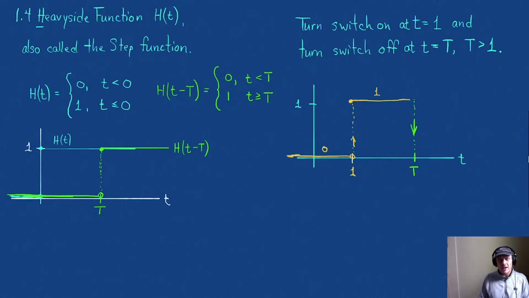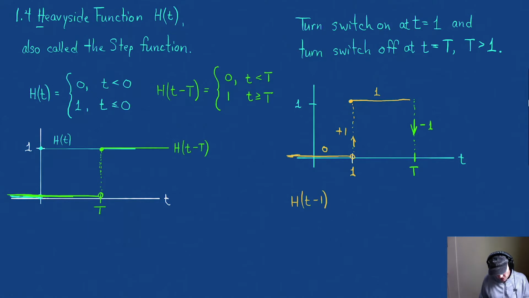Well, if I'm at 1 and I want to go down to 0, I would need to subtract 1. Here I went up 1, so now I need to come down 1. Well, how could we subtract 1 at time t? Very simply, our first function is h of t minus 1.